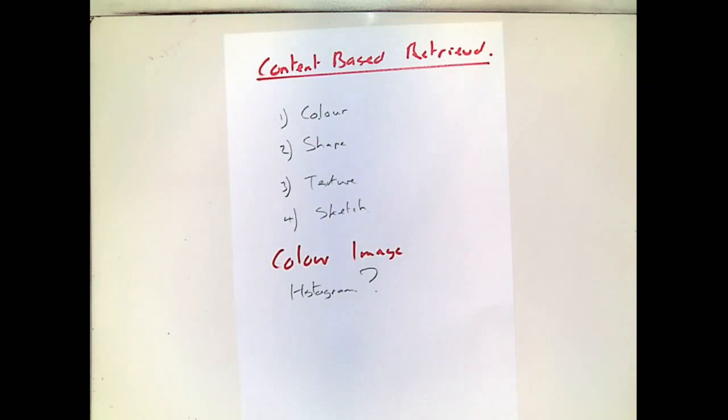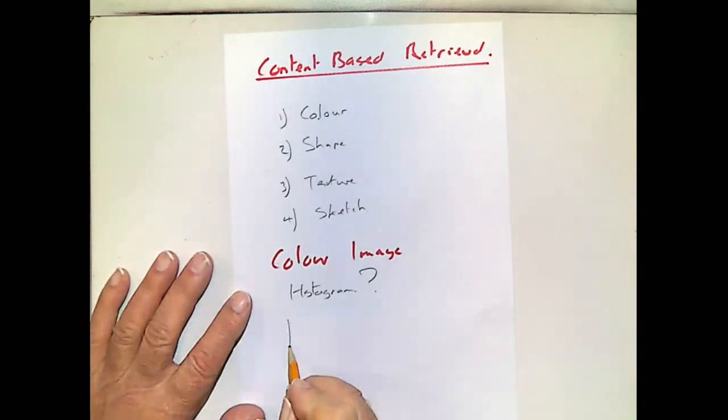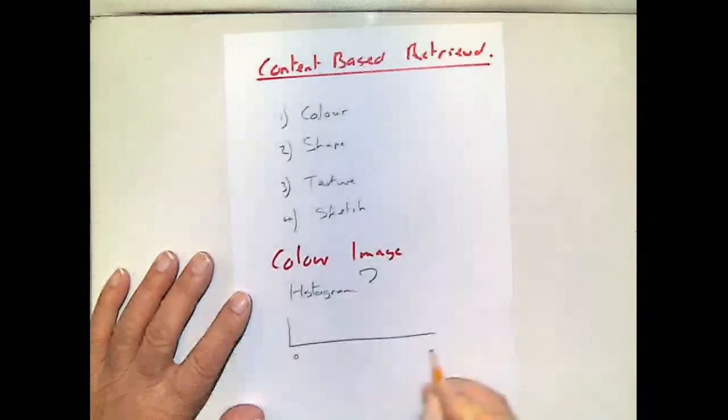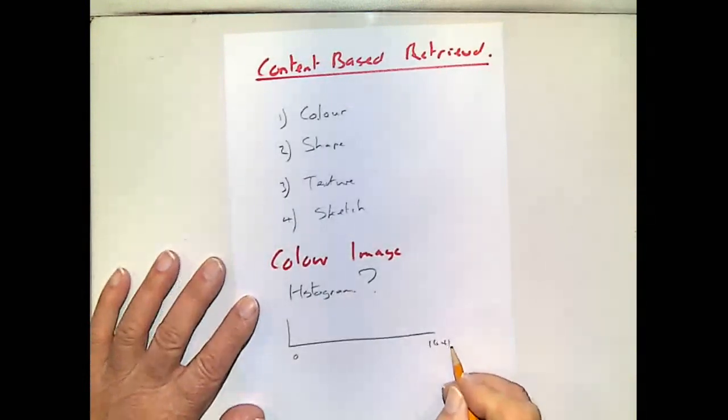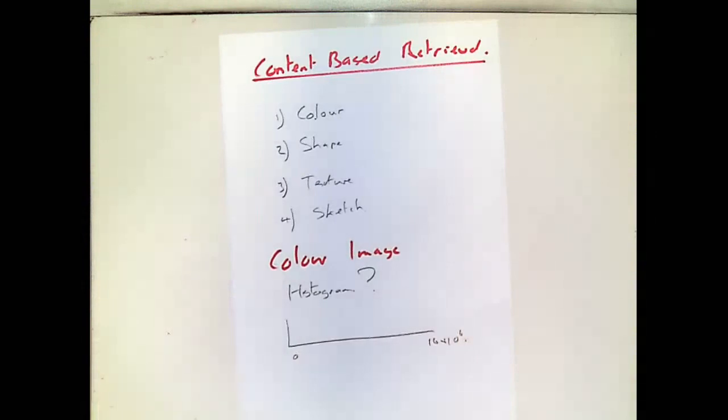So if I were trying to get the histogram on the number of pixels of each possible colour, we would have a histogram which would go from 0 to 16 times 10 to the 6 approximately. And how many pixels do you have in a high resolution image these days? About 16 million, 4,000 by 4,000.